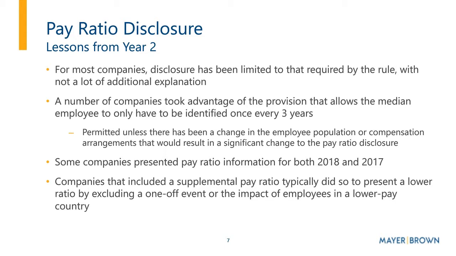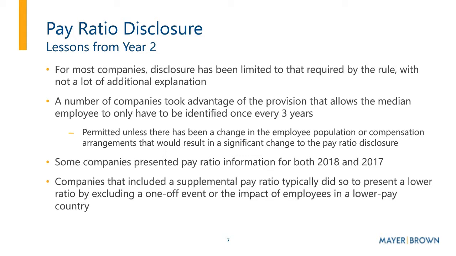We've seen some companies present the pay ratio for both 2017 compensation and 2018 compensation as an aid in comparing the two. And we've seen that the use of supplemental pay ratios is pretty consistent with year one.